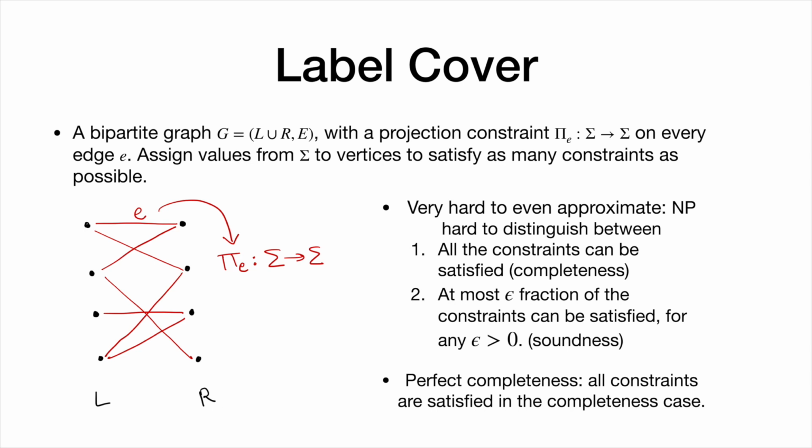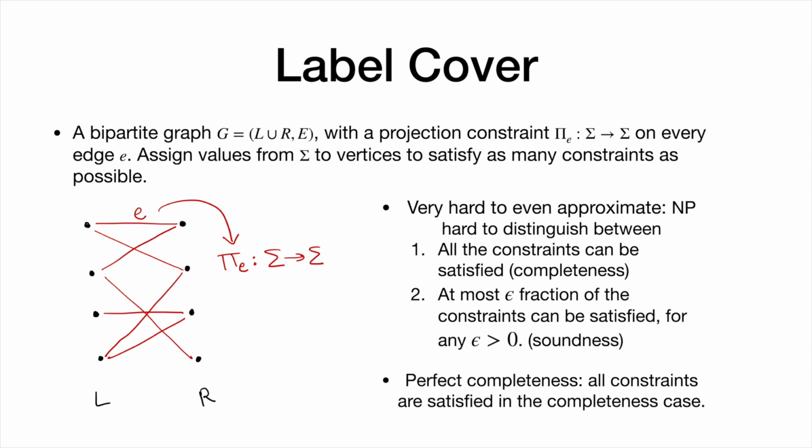That is, you have an underlying set of variables, a label set, and there are constraints between pairs of them. More structured, we can think of a bipartite graph with partitions L and R, a finite alphabet sigma, and for every edge in the bipartite graph, there is a constraint pi_e.